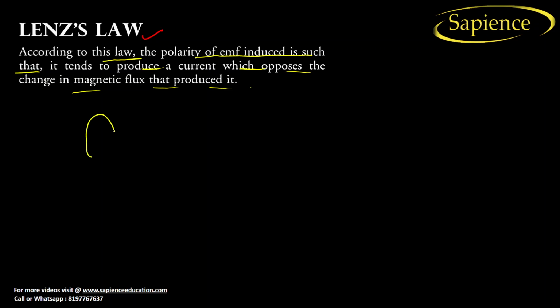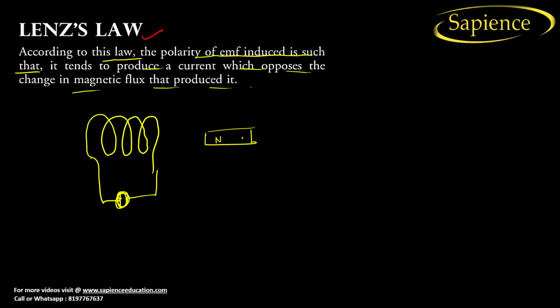As we know, if any conductor is in the form of a loop, and you change the flux around it, let us consider this is your north pole and this is your south pole, and it is creating a magnetic field. As it is a magnet, it will create a magnetic field.